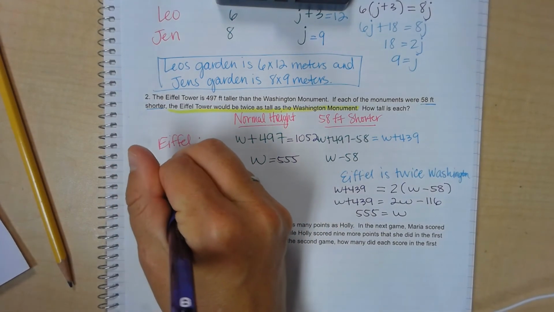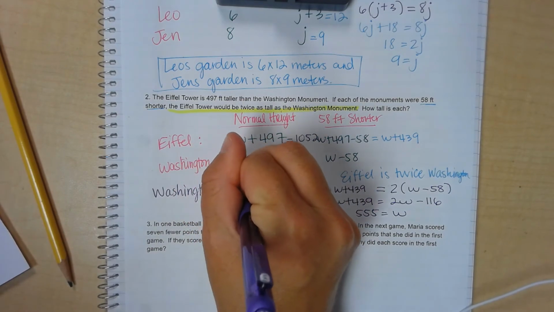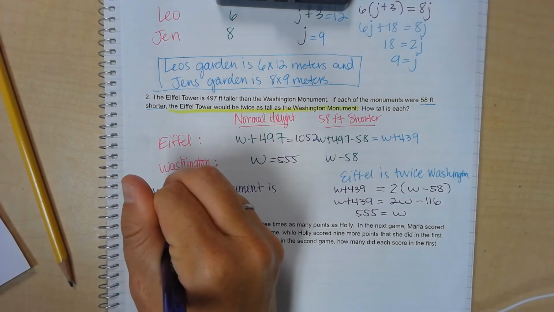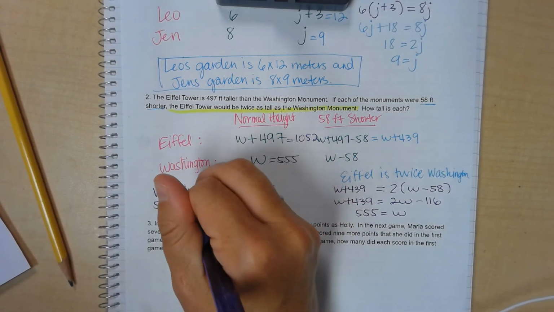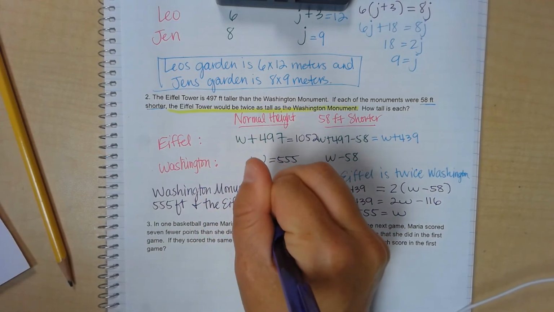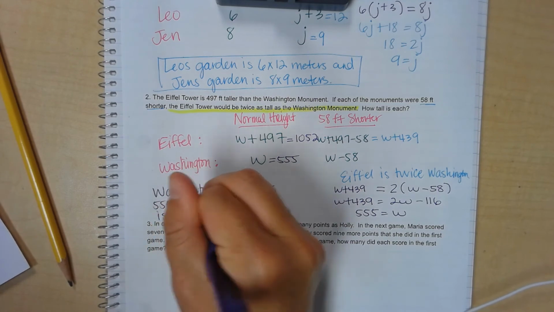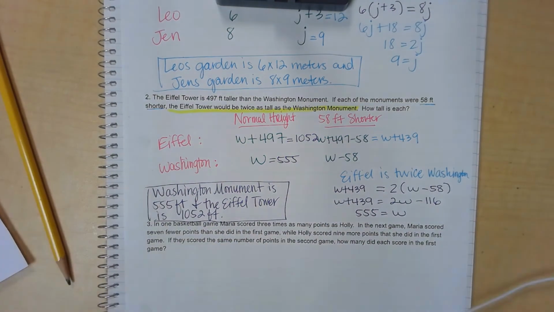So the Washington Monument is 555 feet, and the Eiffel Tower is 1,052 feet. Okay, making sure to box our answer, include the units, and write it out as a complete sentence.